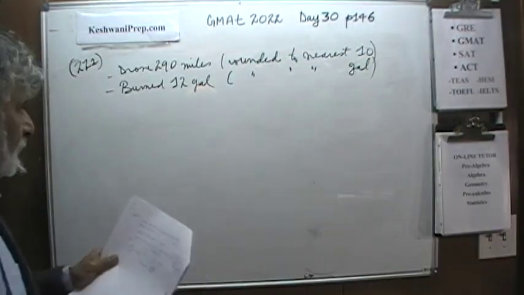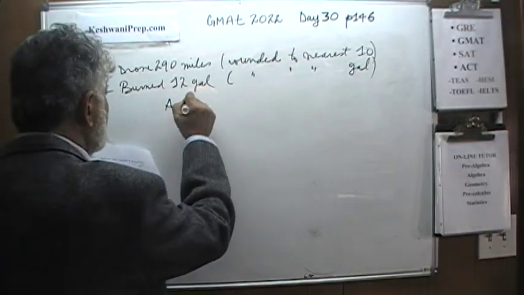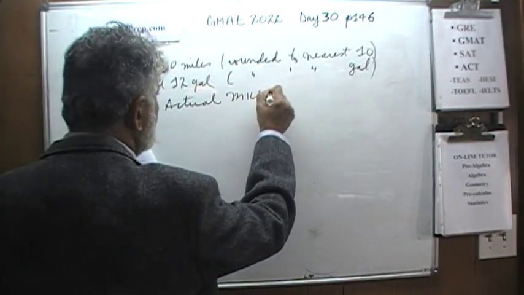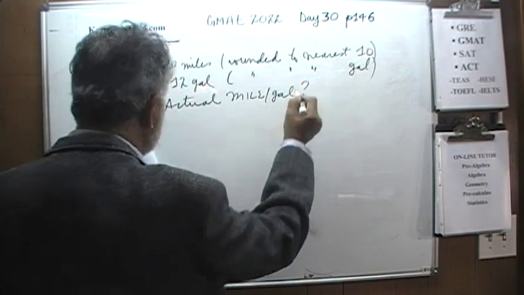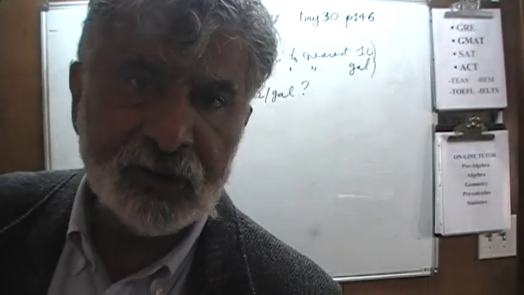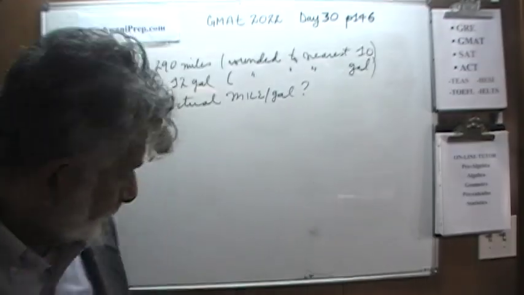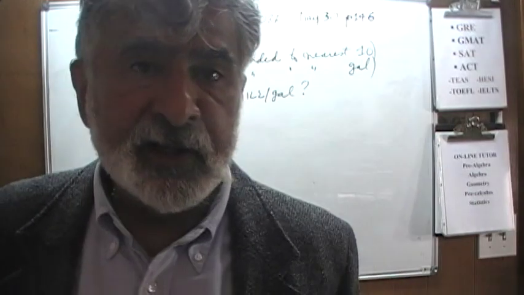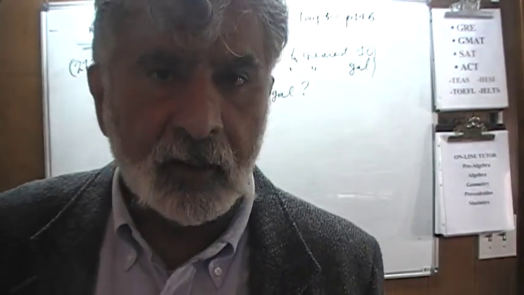The question simply is, what is our actual mileage? Miles per gallon. What kind of mileage did we get having done this journey, if we drove approximately 290 miles, rounded to the nearest 10, and we burned about 12 gallons, again rounded to the whole gallon?